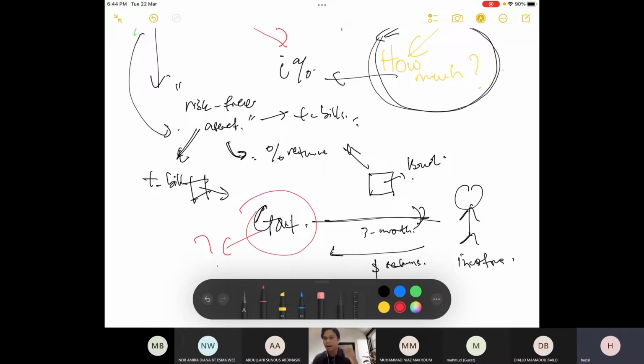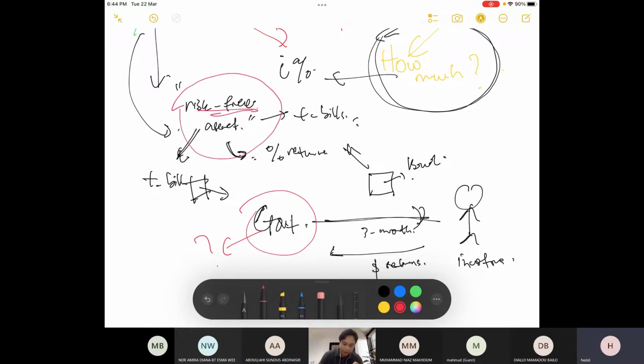But in the case of a government, for example the government of Malaysia, they will be there forever, so you don't have to worry about getting repaid. You get what I mean? Clear? Are you following? Okay. So that's why we call it a risk-free asset.